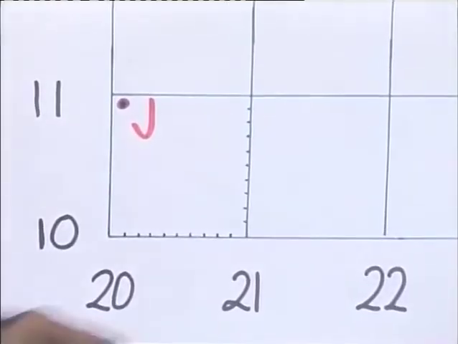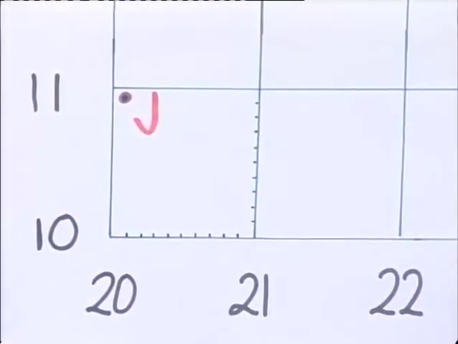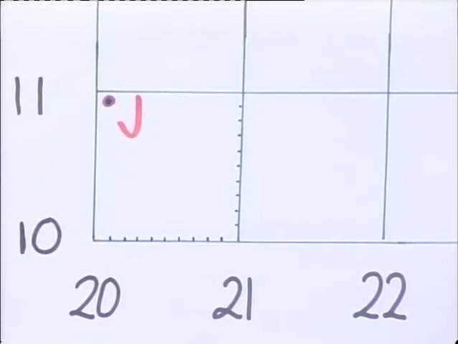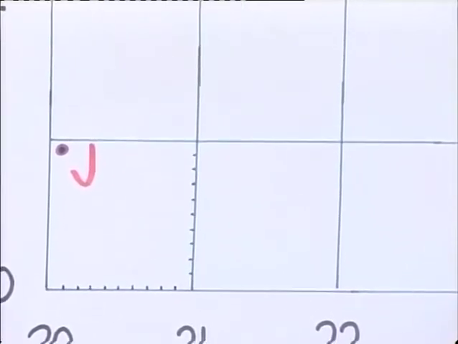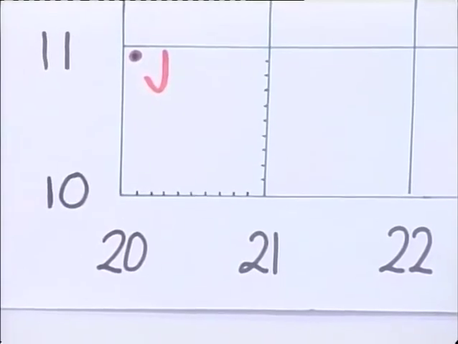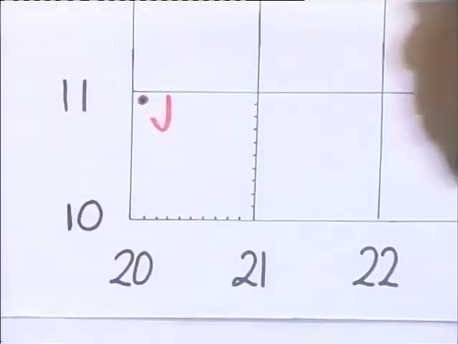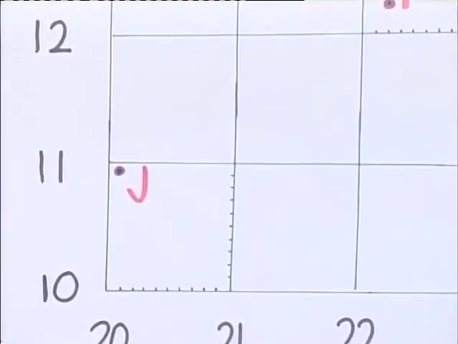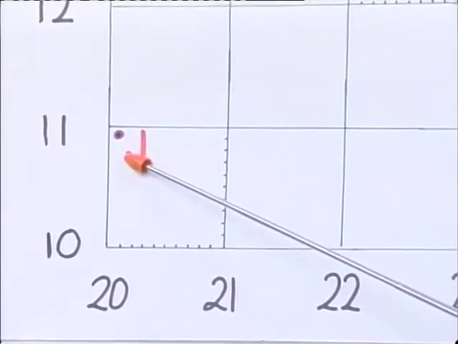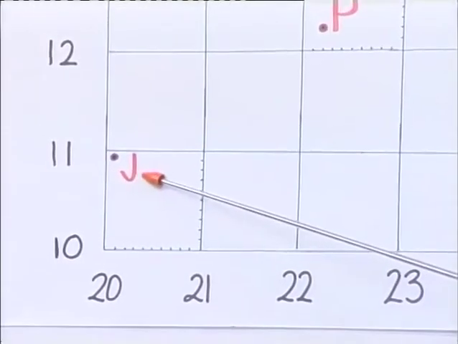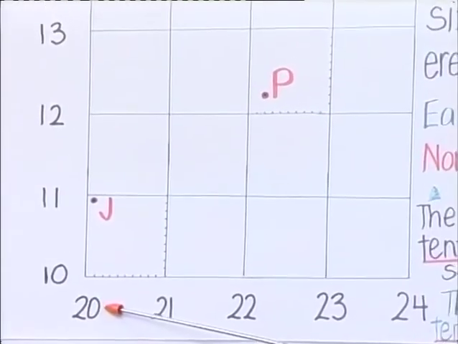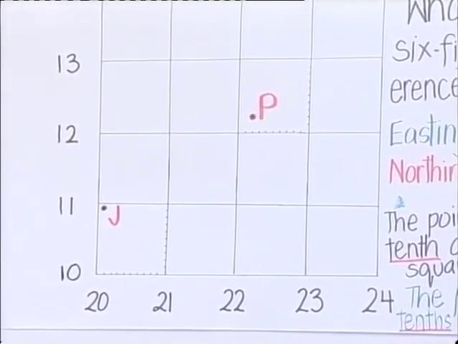Why do we have easting 201? You see this point here? This point here is 1/10 across the square. That's why we have 201, 1/10 across the square.